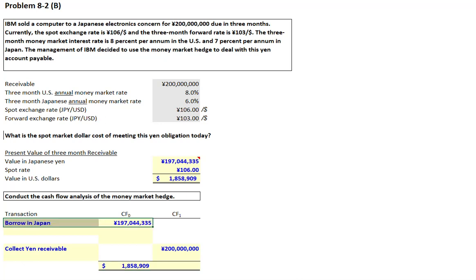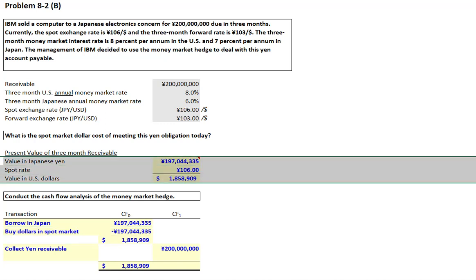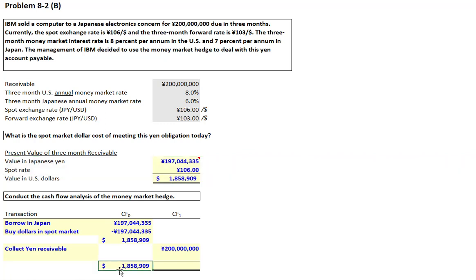So what are we going to do? Our first step is going to be to borrow the 1,197 million yen in Japan, and that was simply the present value of that yen receivable. We will convert that to dollars in the spot market, and these are the steps we looked at in step one, which gives us the 1,858,909 US dollars that we wanted at time zero.